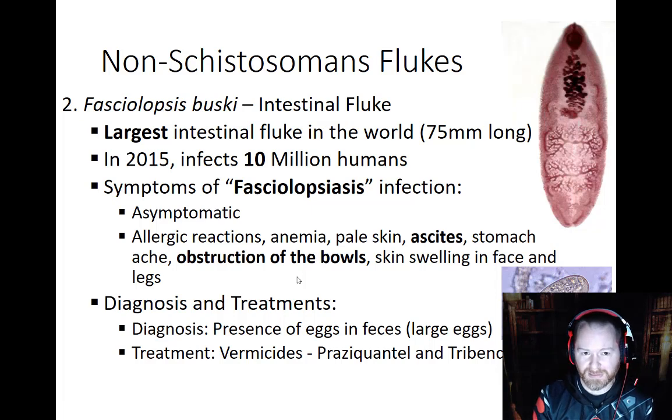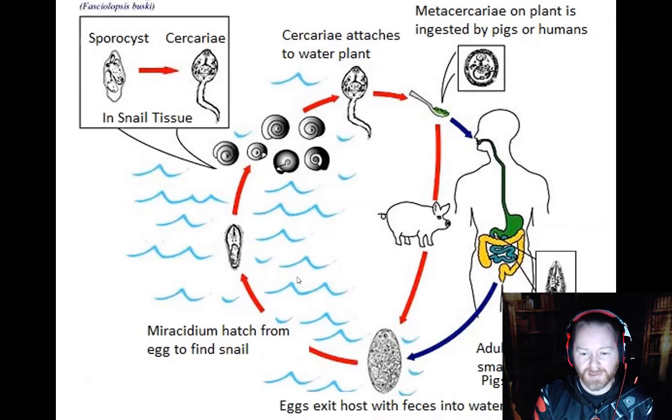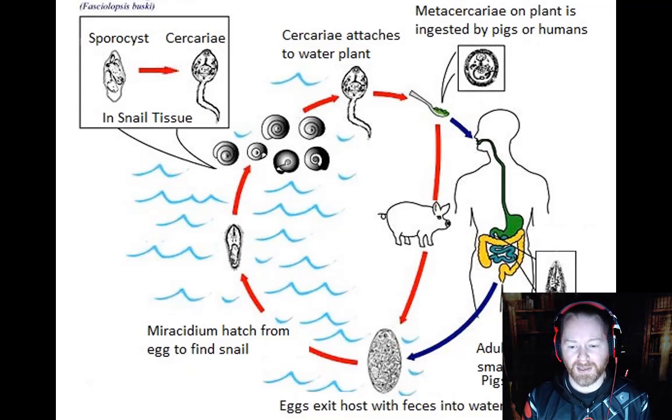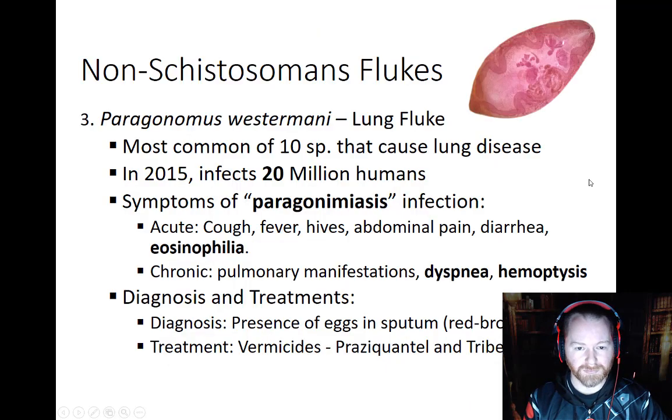So you don't want to get this guy either. Same thing, another diagram for its life cycle, and we can kind of see how it differs. Mostly because this will end up inside of the intestines.